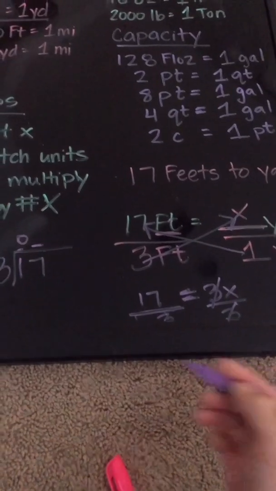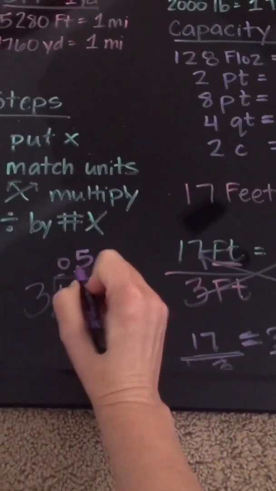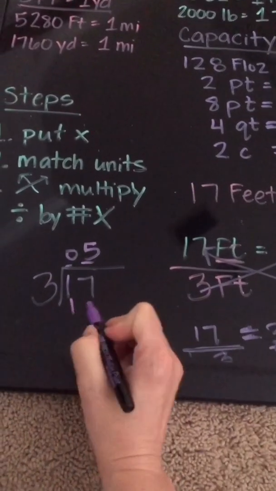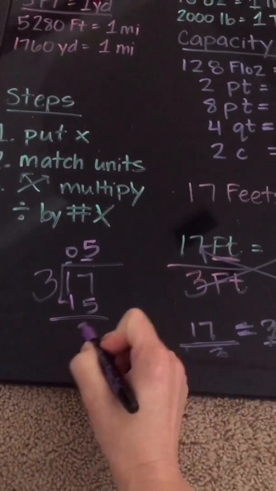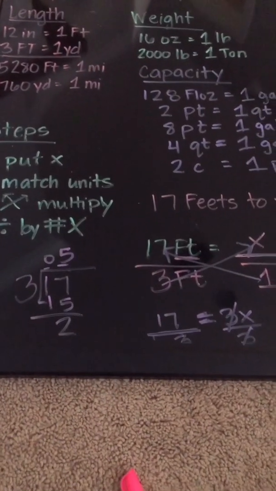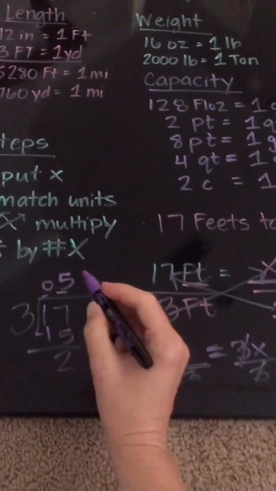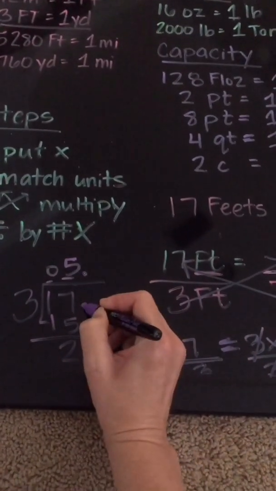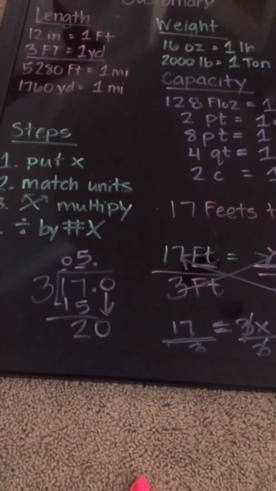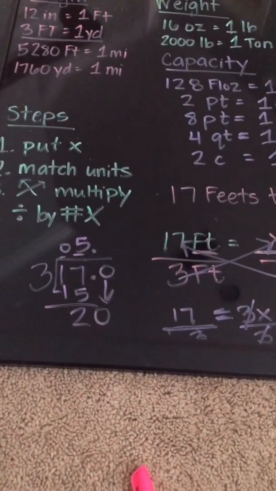Well, how many times? 3 times 5 gives me closest to 17 without going over, which gives me 15. When I subtract, I have 2 left. So now I could keep going and add a decimal and a 0, or I can stop and put a remainder. Okay?